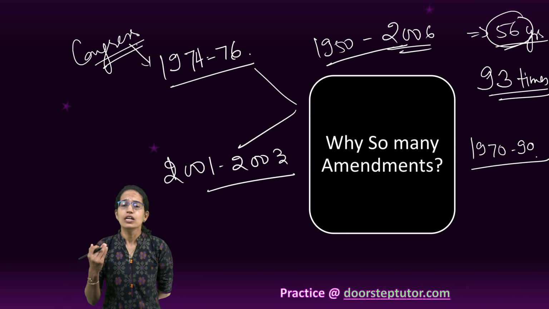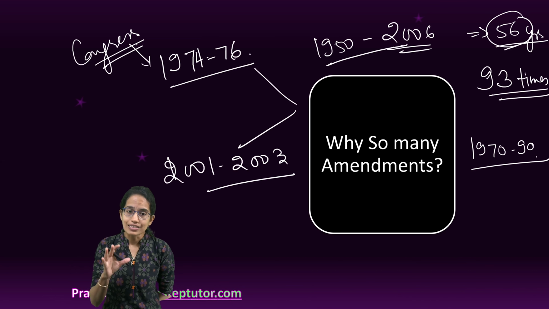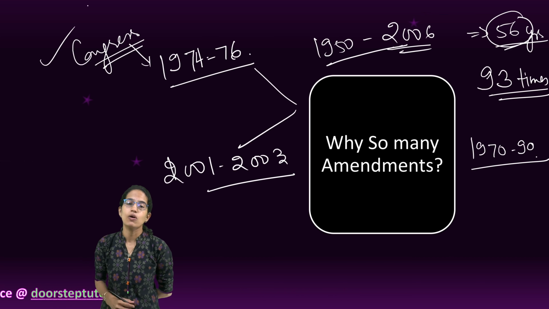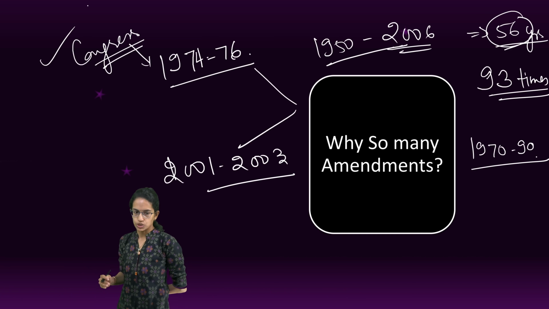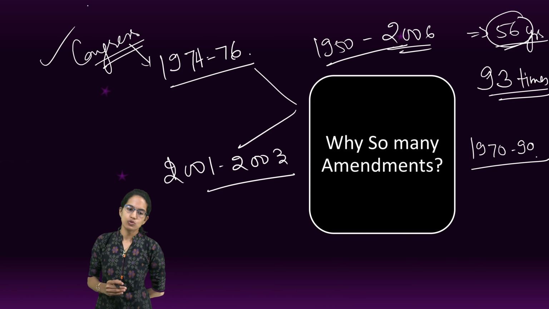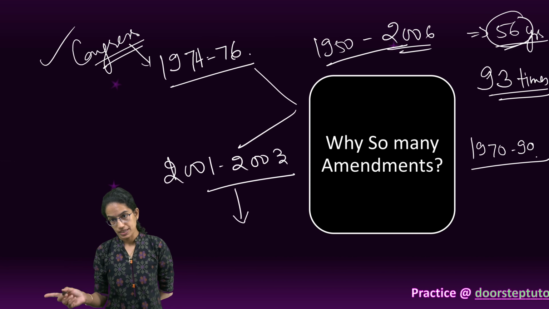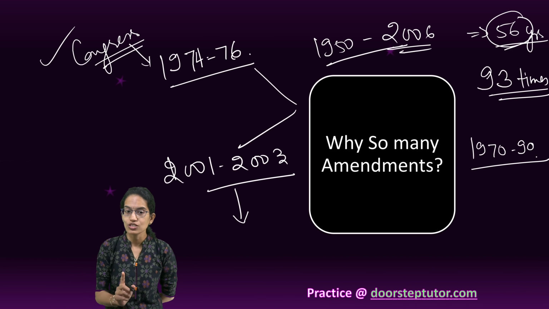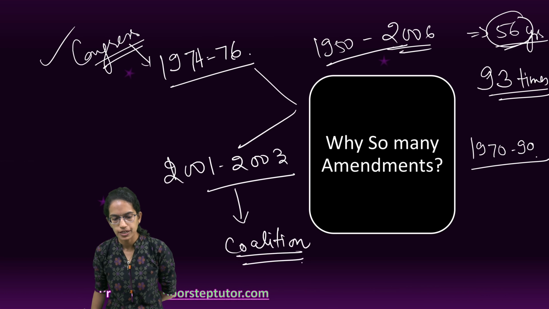You need to have 50% of the strength and 2/3 of the members present and voting, and that special majority could be fulfilled because it was predominantly a period of Congress domination. The next was from 2001 to 2003, and this was because of a different reason. It was not because of domination of one party, but because of the coalition government during this time.